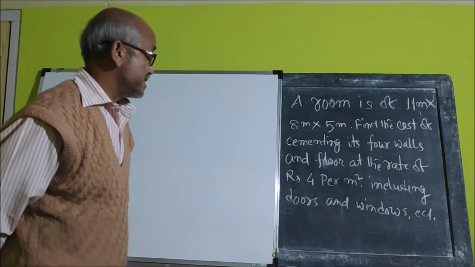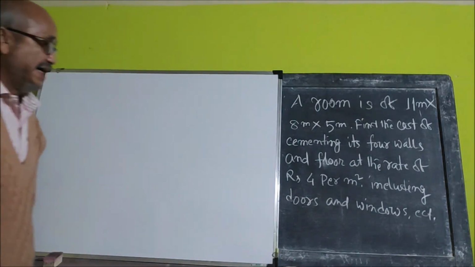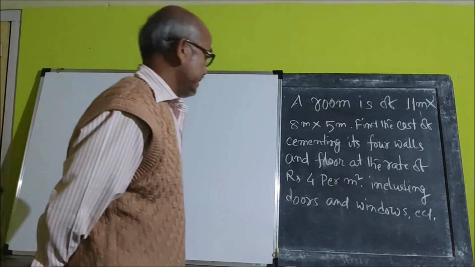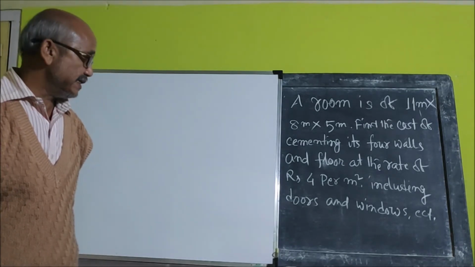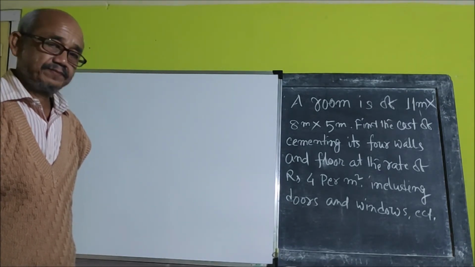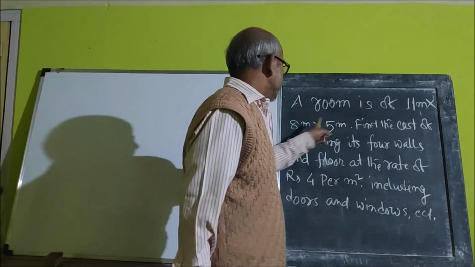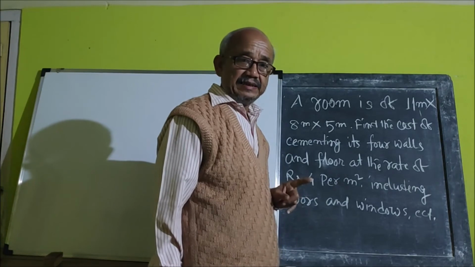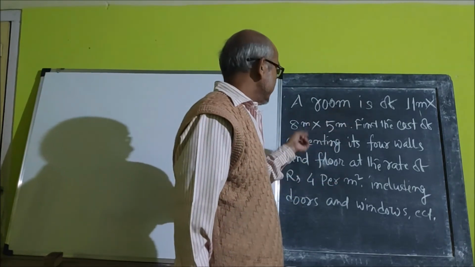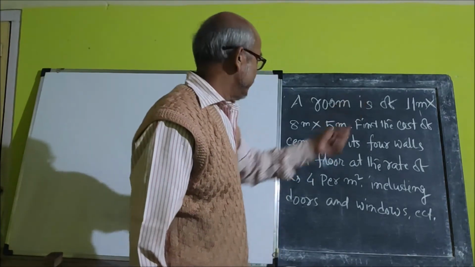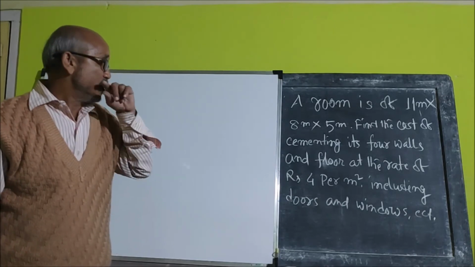Find the cost of cementing its 4 walls and floor at the rate of rupees 4 per square meter, including doors and windows. These are the dimensions: length 11 meter, breadth 8 meter and height 5 meter.